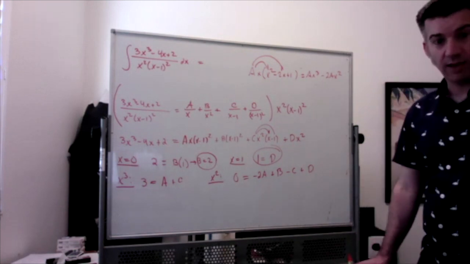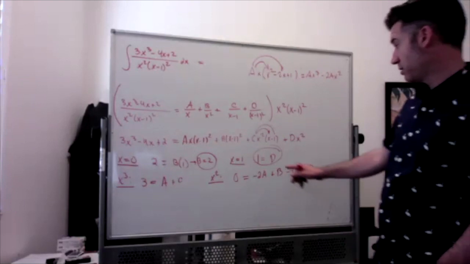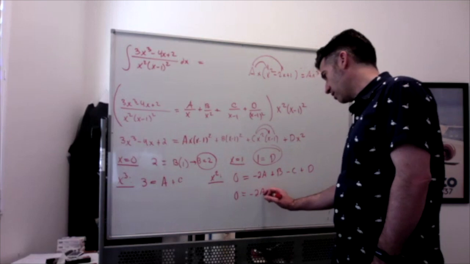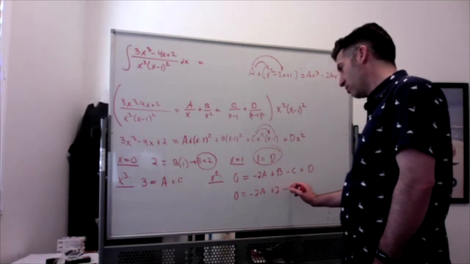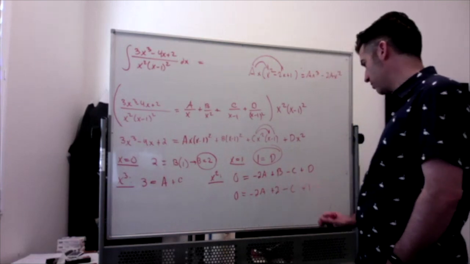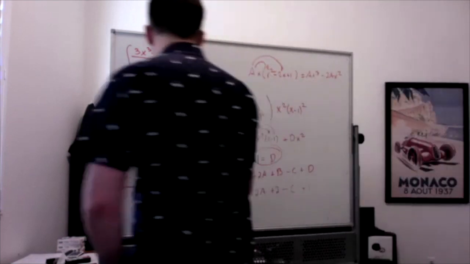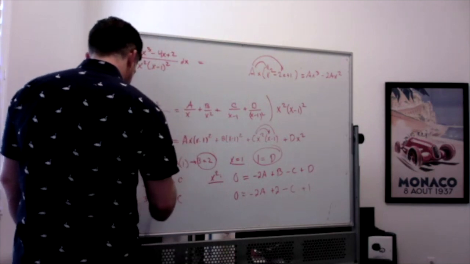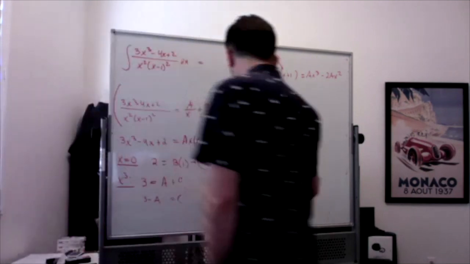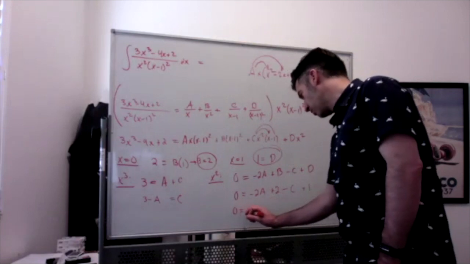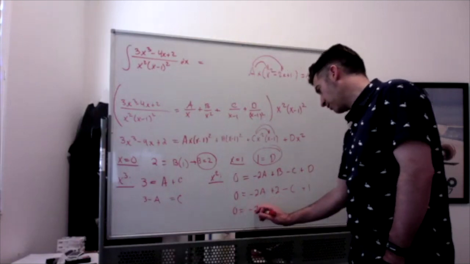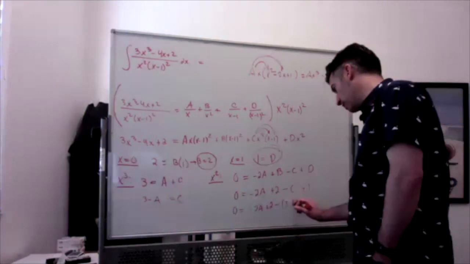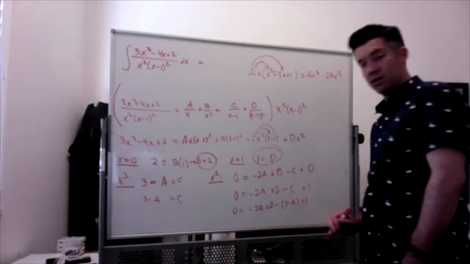Okay, so now we have enough information, because I know what b and d are. I can say that 0 equals negative 2a plus 2 minus c plus 1. And then I can take the other equation, a plus c is 3, so c is equal to 3 minus a. I can plug that in over here and say 0 equals negative 2a plus 2 minus 3 minus a plus 1.